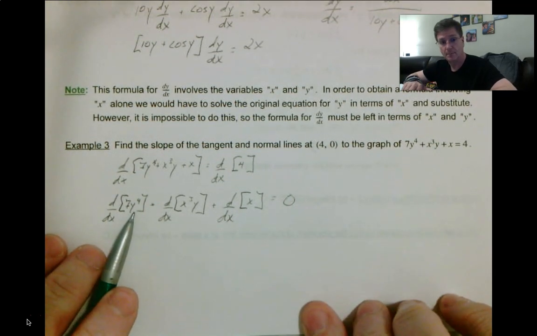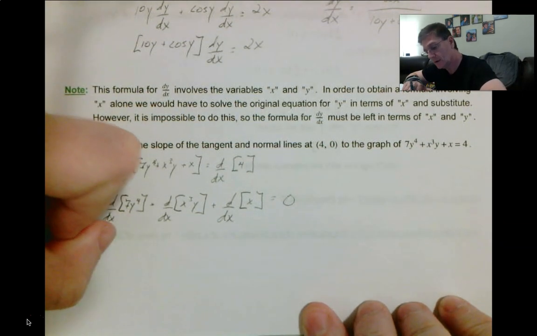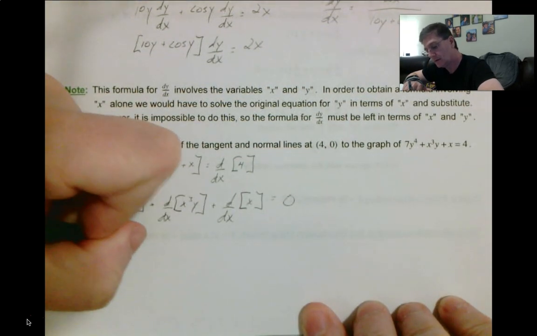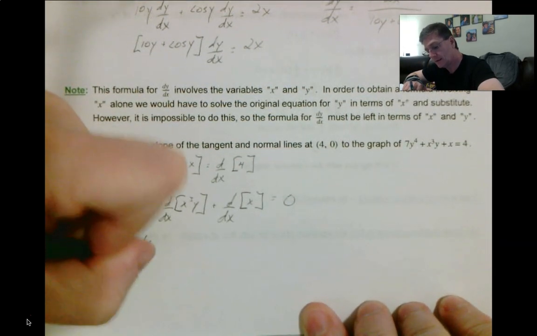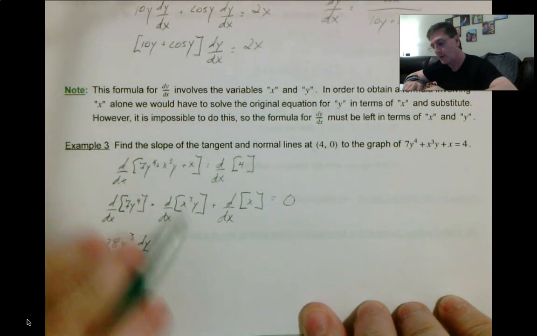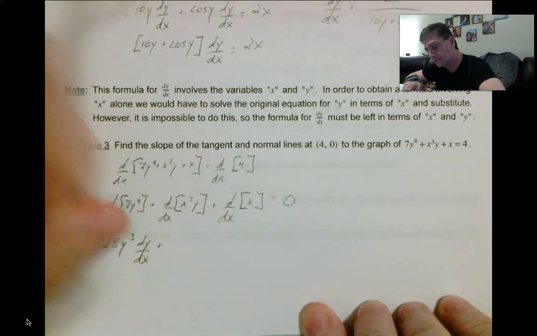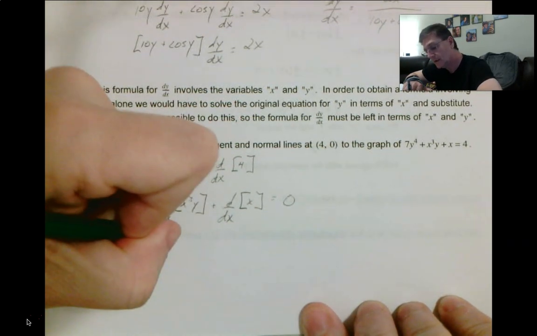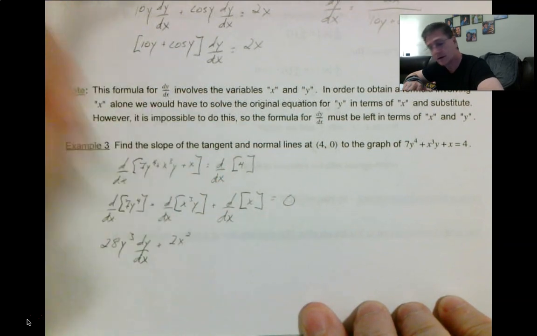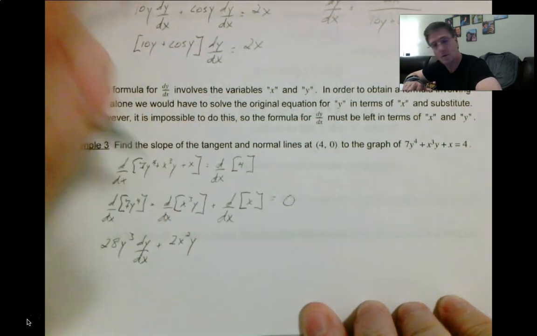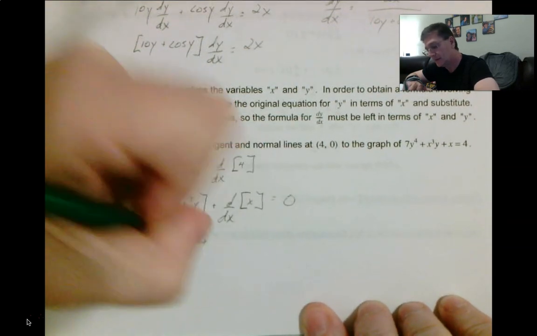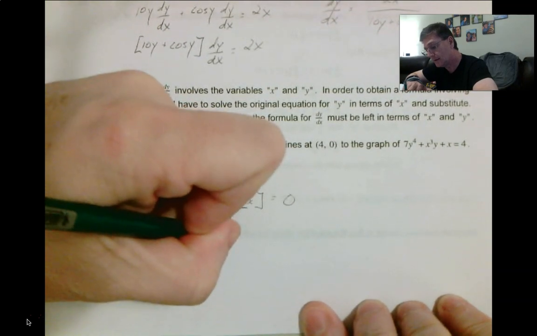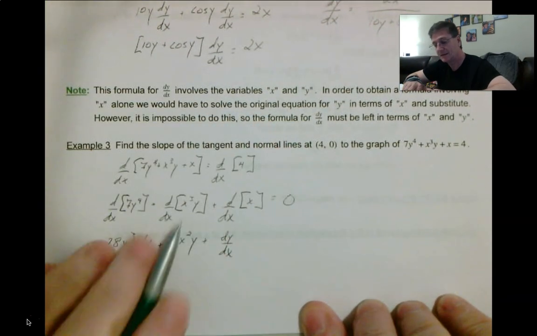This is going to be, again, power and chain rule. So we're going to have 28y cubed dy/dx. This is product rule, plus the derivative of the first times the second. Derivative of the first is 3x squared times the second, y, plus the derivative of the second, dy/dx, times the first.